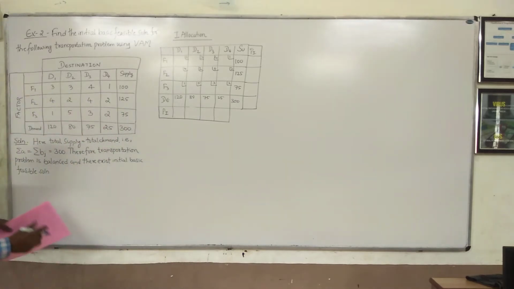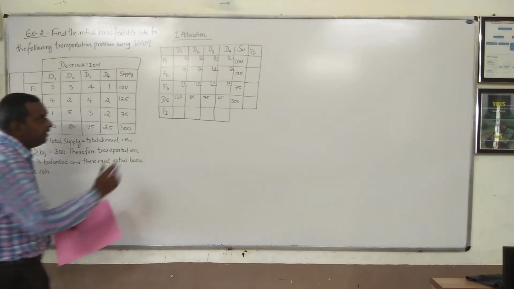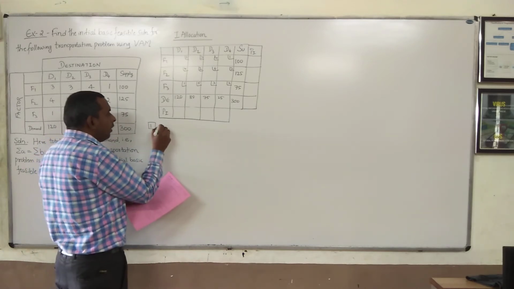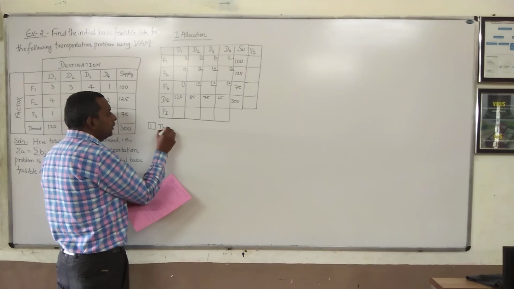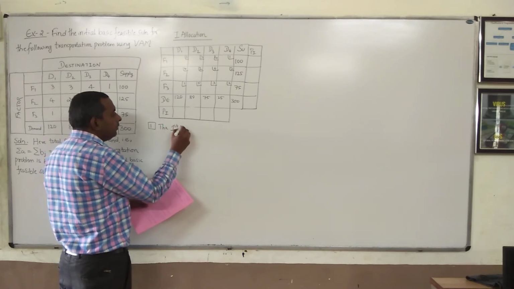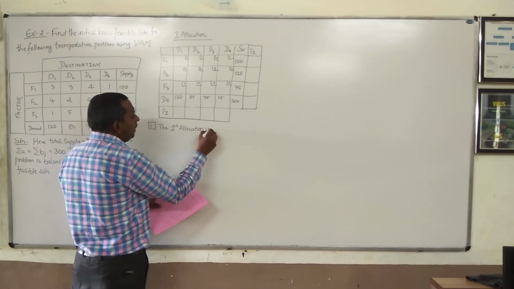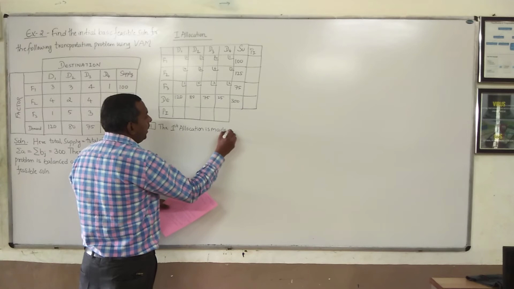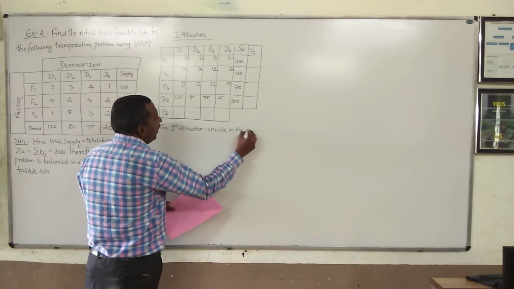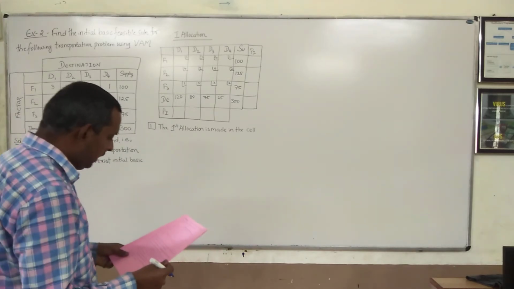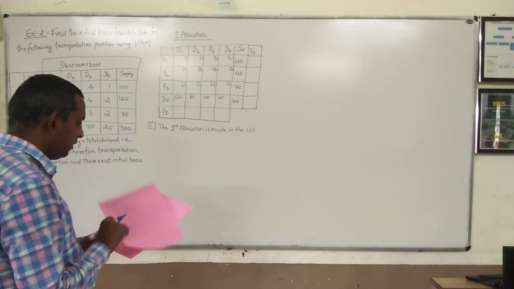So let me start the solution here. First, the first allocation. Where are we supposed to make the first allocation?